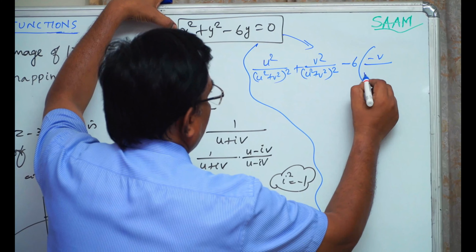Then by the first two expressions, the denominator is u square plus v square whole square. So I can simplify like this, minus into minus plus 6v divided by u square plus v square equal to 0. Then by one time cancellation, we get 1 divided by u square plus v square whole square plus 6v divided by u square plus v square equal to 0.